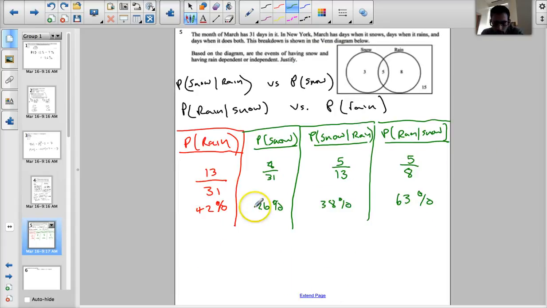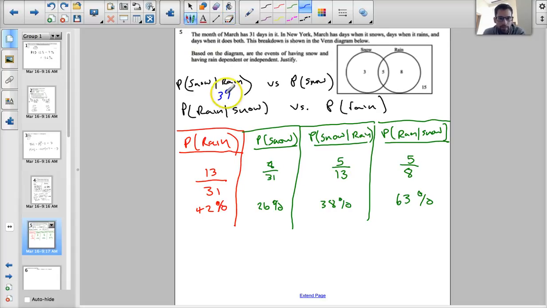Okay, so all of these probabilities are different. I want to make comparisons here. The probability of rain given snow is 63%. Or excuse me, the probability of snow given rain, my bad, is 38%.